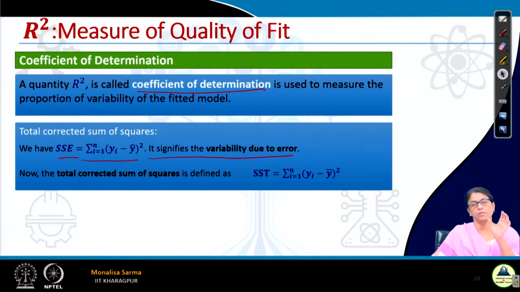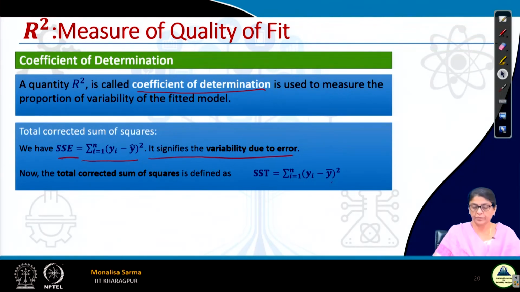And another term that we knew is the total corrected sum of squares. You are not new to this term. We have used this term while learning ANOVA, remember. So, total corrected sum of squares is also the variability of the data from the mean of the data. The data that we have used for regression analysis, how much is this data variable from the mean of that data.